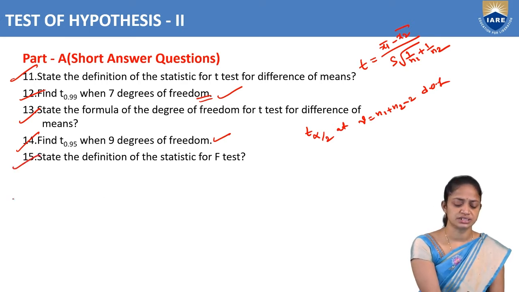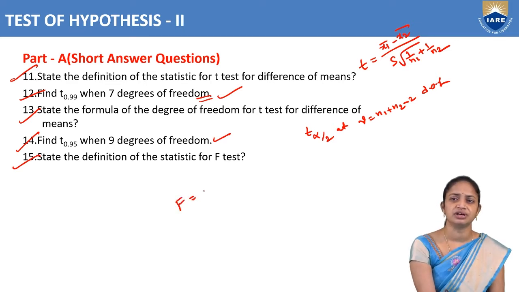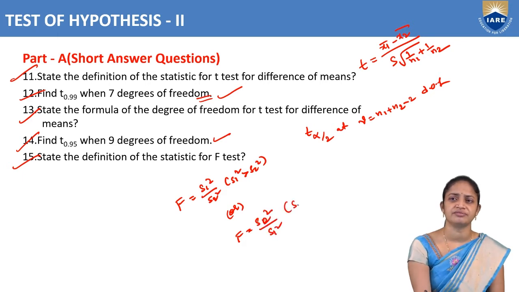Next, state the definition of the test statistic for the F test. F is s1 square by s2 square, where s1 square is greater than s2 square, or F equal to s2 square divided by s1 square, where s2 square is greater than s1 square.